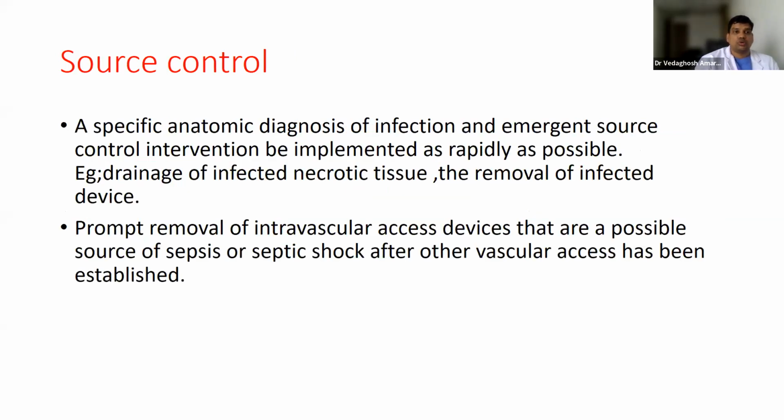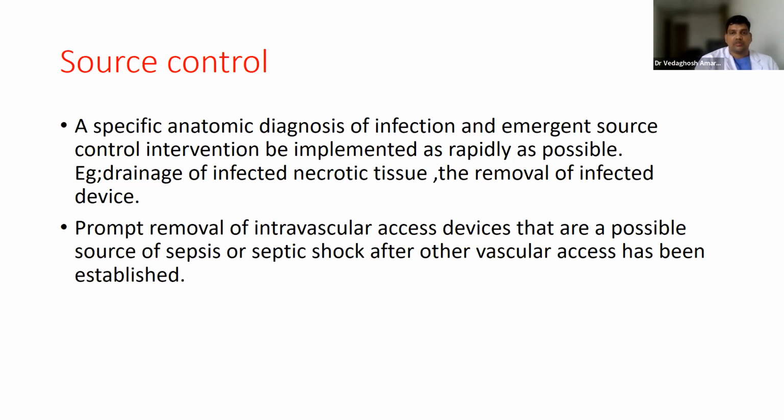Coming to source control. Whenever you receive a patient with sepsis and septic shock, for example a patient with cellulitis, cholecystitis, or sinusitis, which can be a source of infection, effective source control should be done as early as possible.